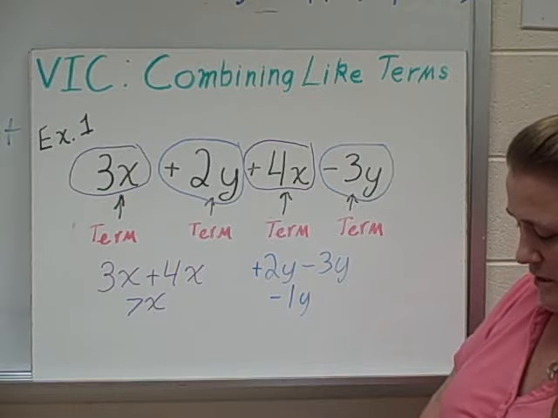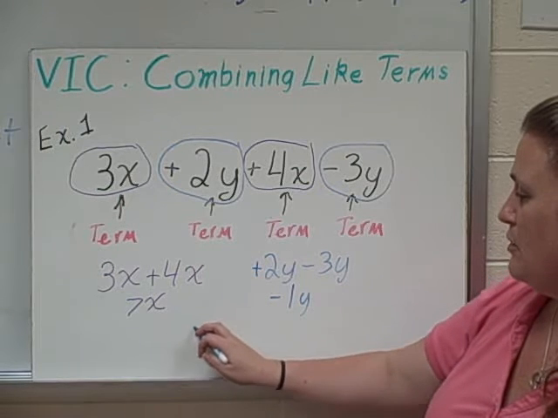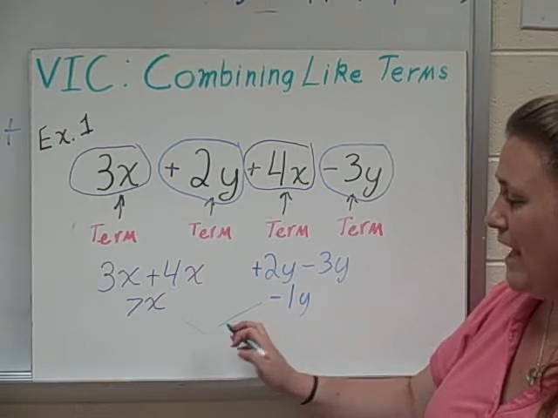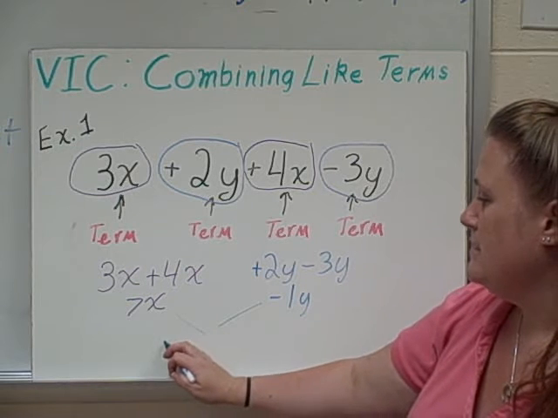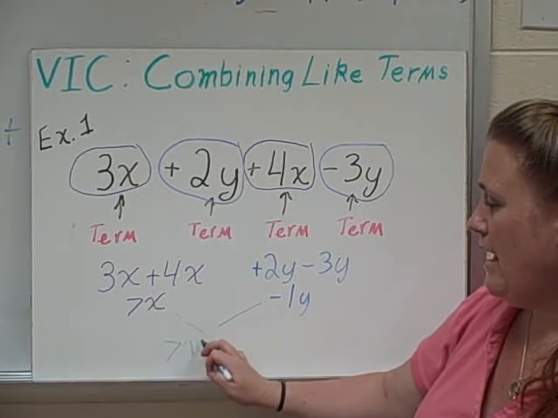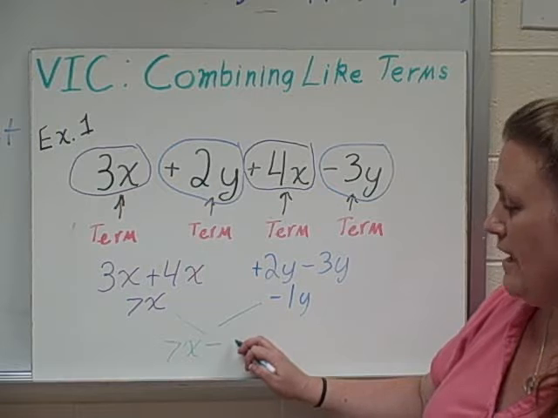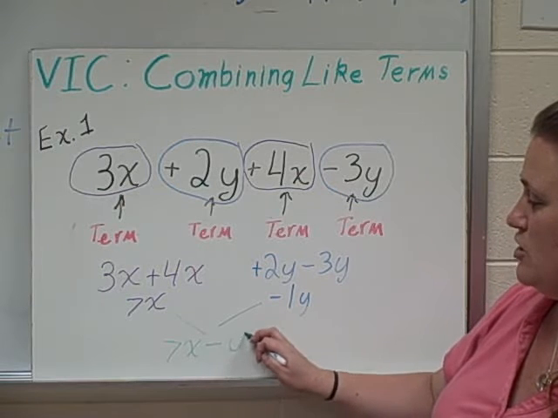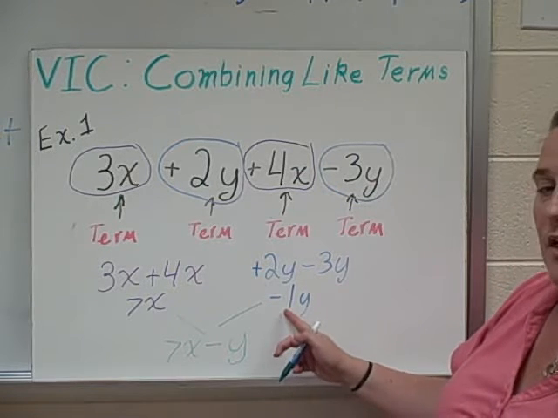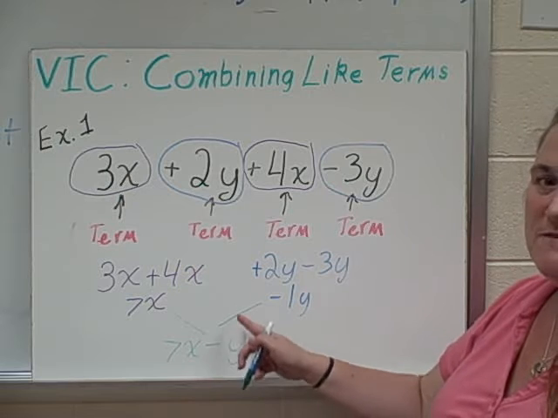Then I take both of these and I bring them together to make 7x minus, and you're going to notice I'm just going to write y. That 1 becomes invisible.